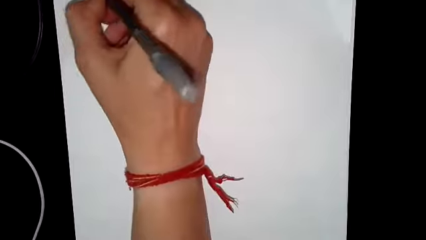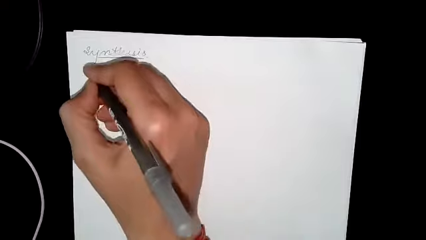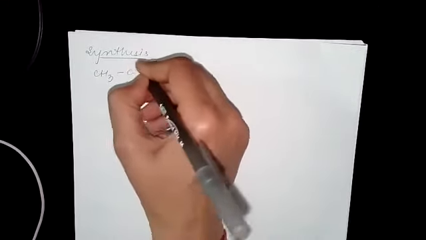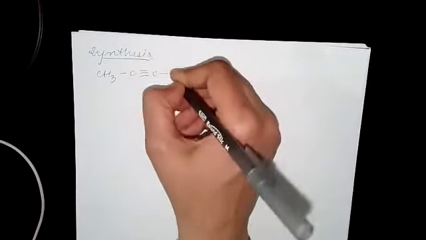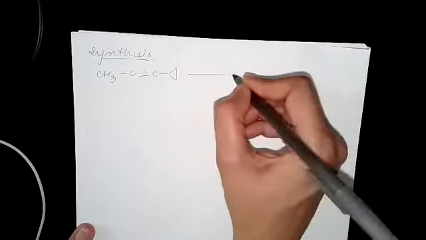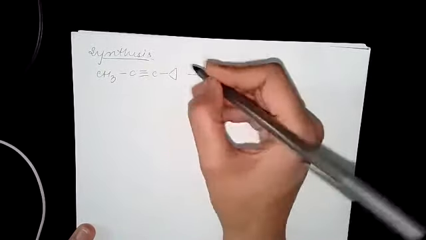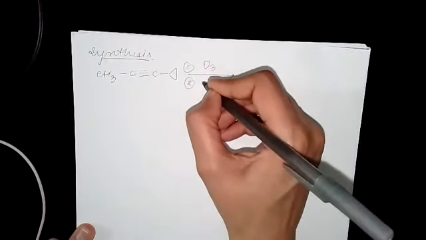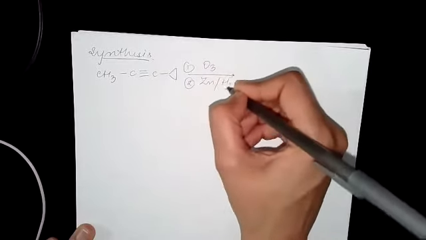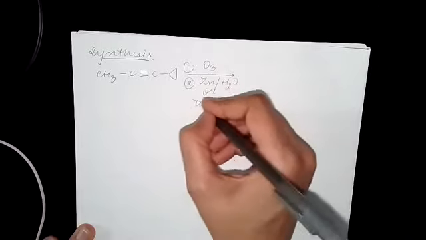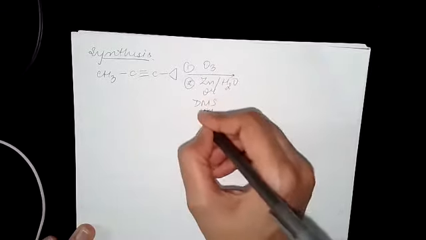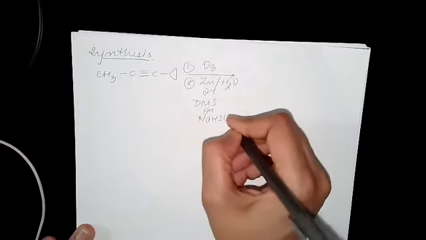So looking at the synthesis of these compounds, the carboxylic acids, we have already looked at a couple of reactions. For example, if I have an alkyne and I subject it to ozone, I can use zinc or water, or DMS, or sodium bisulfite.